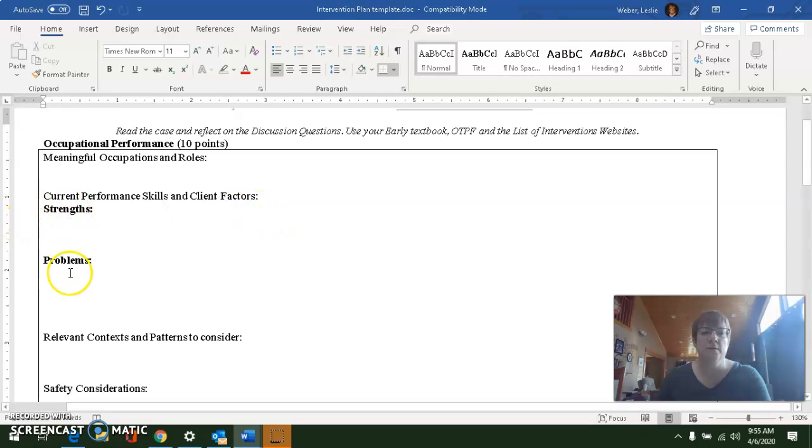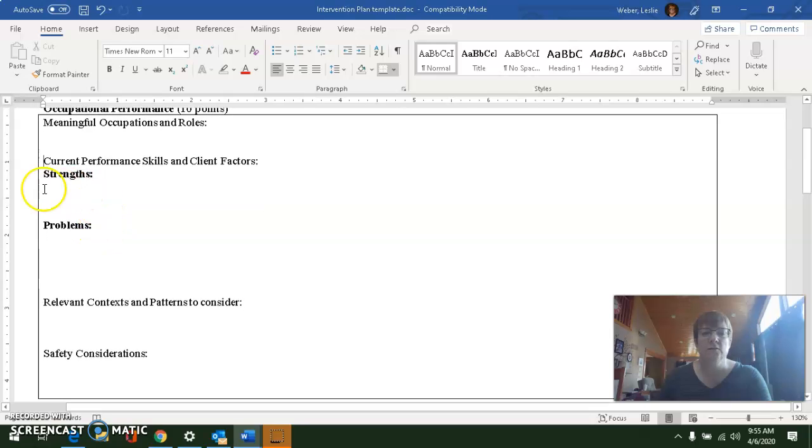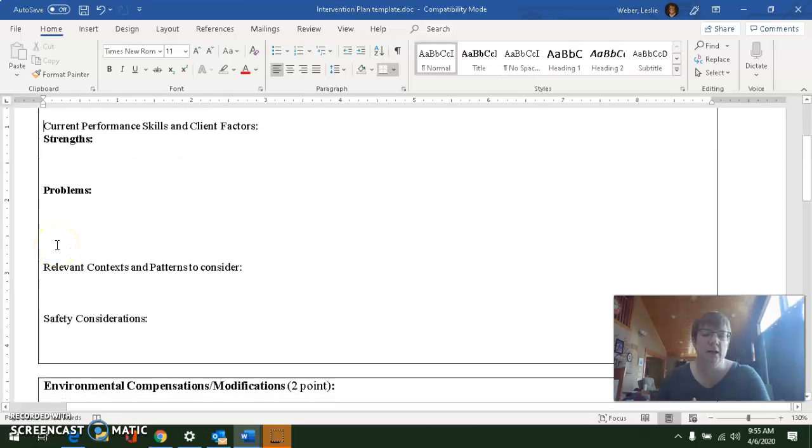Okay, strengths and problems. I think those are pretty self-explanatory. Try to put at least one or two things in the strengths and list your problems. It depends on how detailed or how broad you want to go with that, but list something there. This part of things, the intervention planning part, isn't concrete.